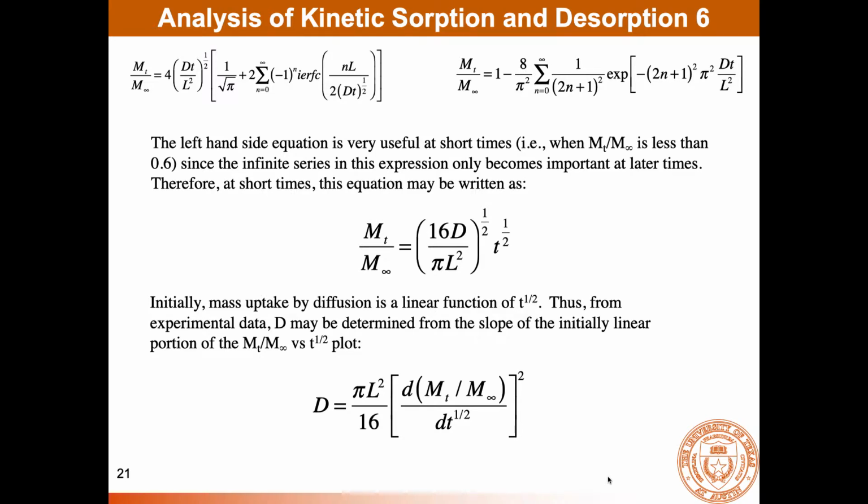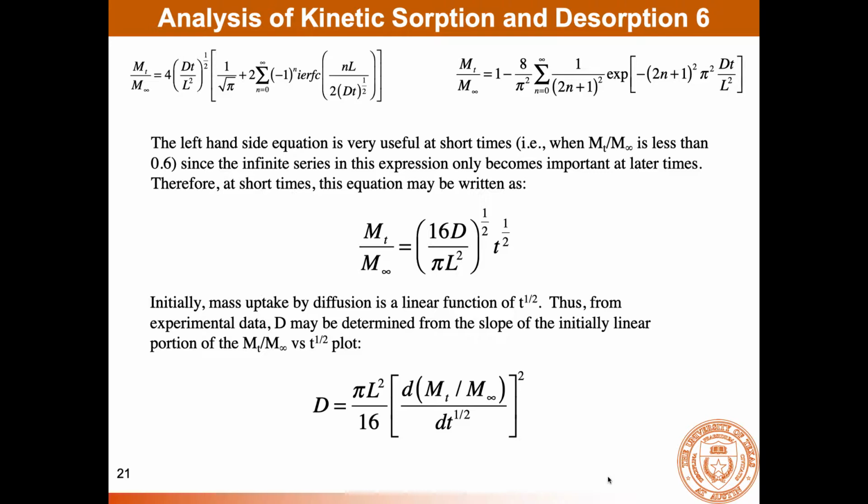So we have these two equivalent expressions for the fractional mass uptake. This left-hand expression is very useful at short times, times near the beginning of the experiment, because it turns out that all of the terms in this infinite series go to 0 at short enough time.